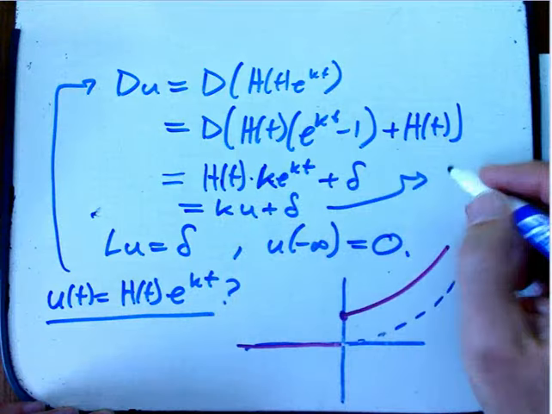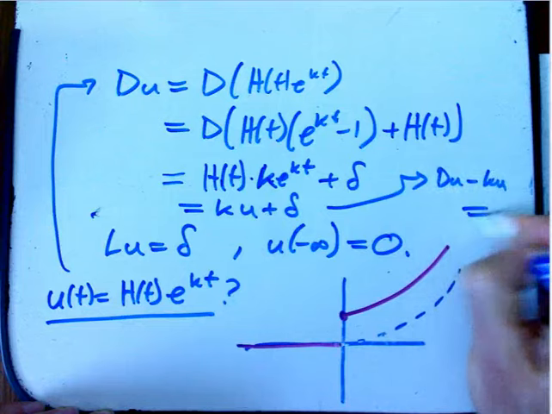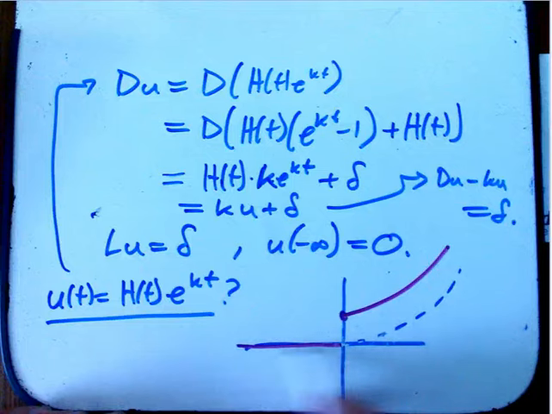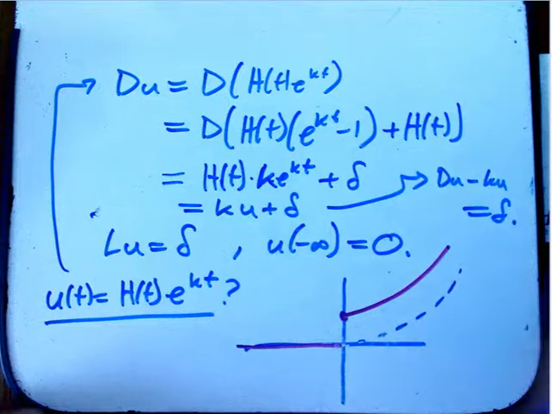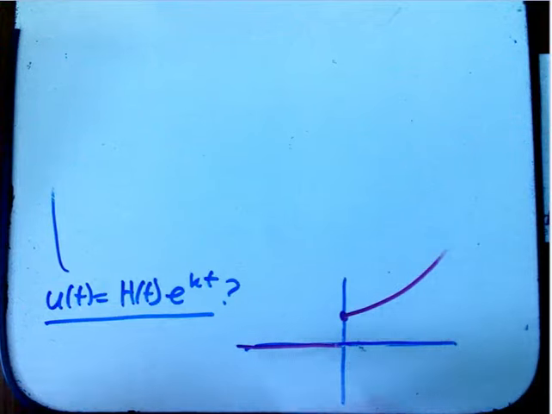So in other words, du minus ku is delta as required. A nice practice with that kind of technique, but really the better way to understand it, I think, is nothing here, delta jump, and then it's satisfying the differential equation we want it to satisfy. So there's our fundamental solution, the effect of being hit with a delta and then just going your merry way, progressing as the differential equation tells you to do.